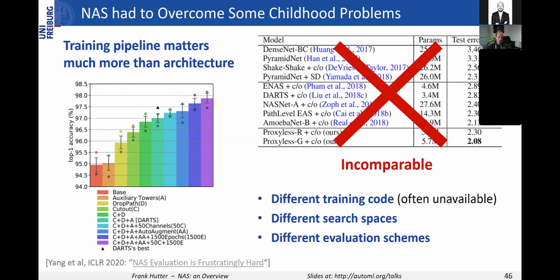So different papers use different training code, different search spaces. Also, if you have an awesome search space that's basically just focused around an awesome architecture, it's easy to find a very good architecture. Different evaluation schemes. So all of this was very incomparable.